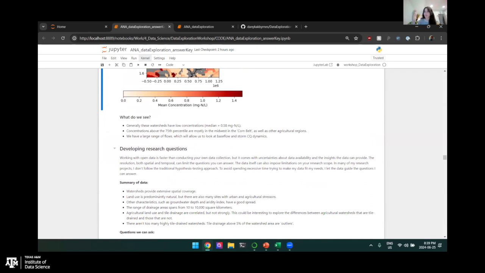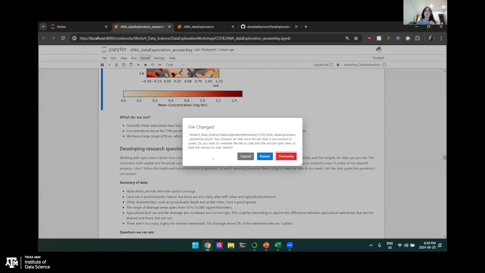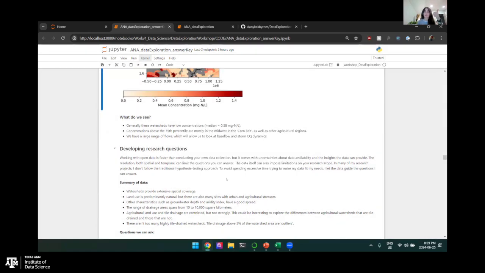Summary of the data. So I'll just summarize, and then I'm going to ask you guys some things that we could maybe look into. So we have good spatial coverage, fantastic. Land use is predominantly natural. There is quite a bit of natural, but we also have many sites of urban and agricultural land use. So we can ask land use questions.